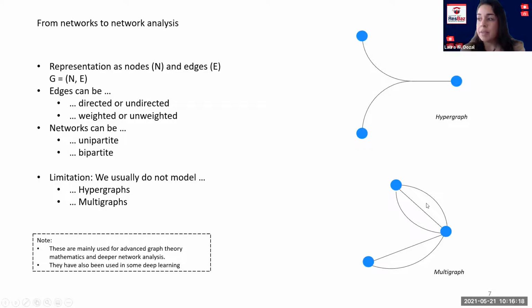And a multigraph is a graph where multiple parallel edges, so different types of relationships, can connect the same nodes. And here we can allow loops. A loop is a node that is connected to itself or has a relation to itself. These two types of graphs are mainly used for advanced graph theory, mathematics, and deeper network analysis applications.